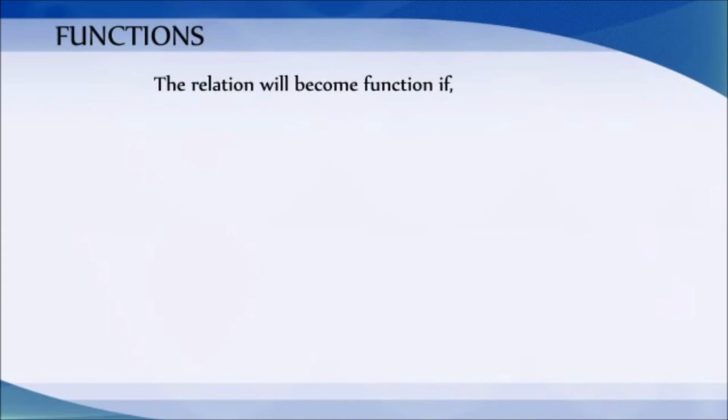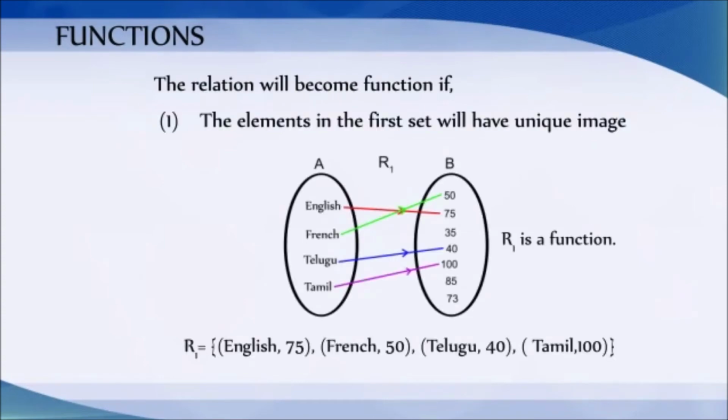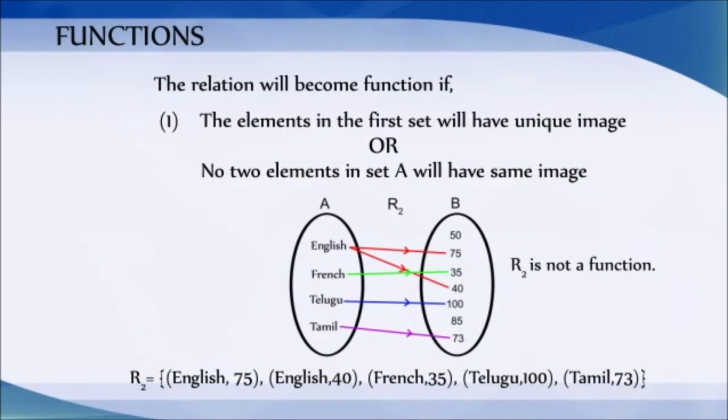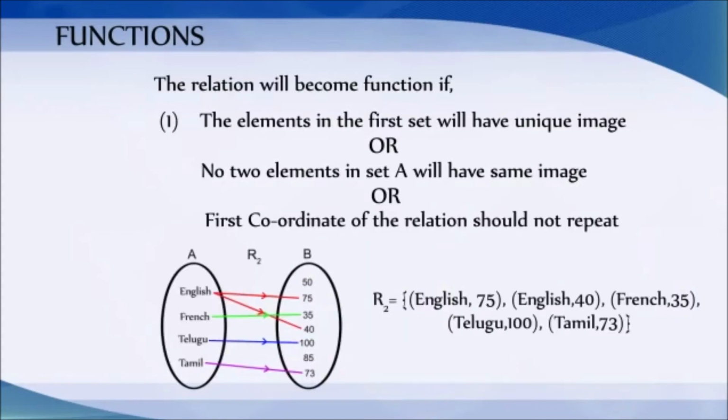The relation will become a function if the elements in the first set have a unique image, or we can say no two elements in the set A will have the same image, or in other words, the first coordinate of the relation should not repeat. In our example, for the relation R2, the English book has two costs. Therefore, it is not a function.